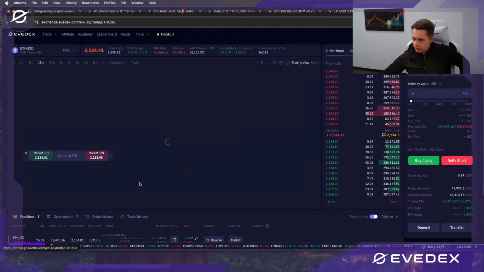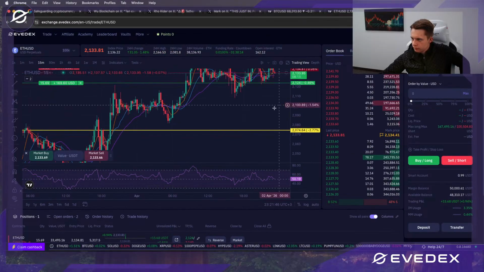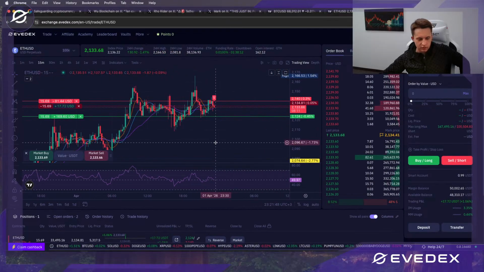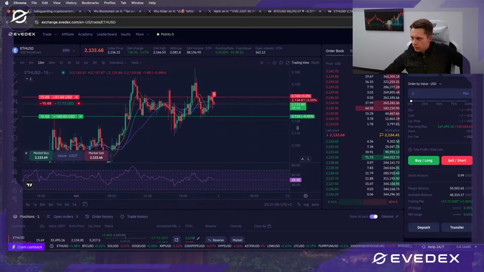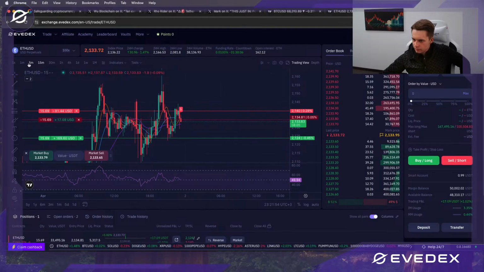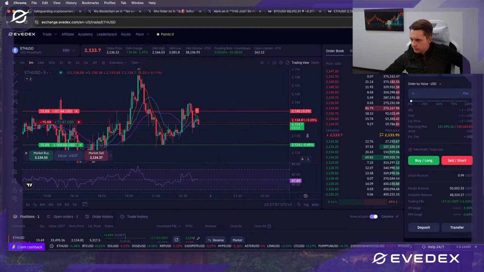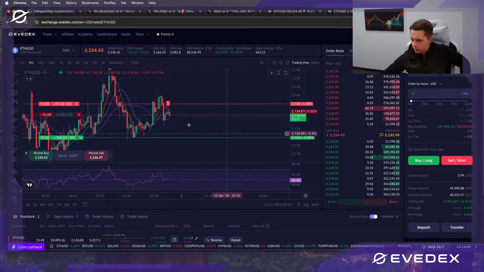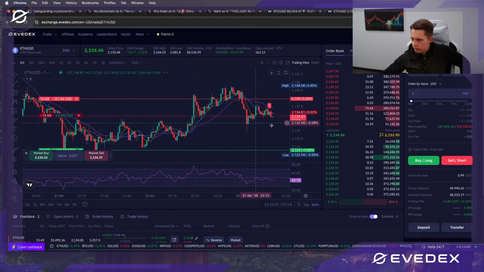So where are we getting to with Ethereum? It looks like we did make that correct decision, and it's currently on that downwards move.